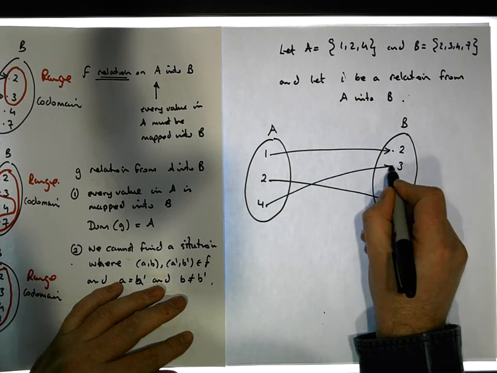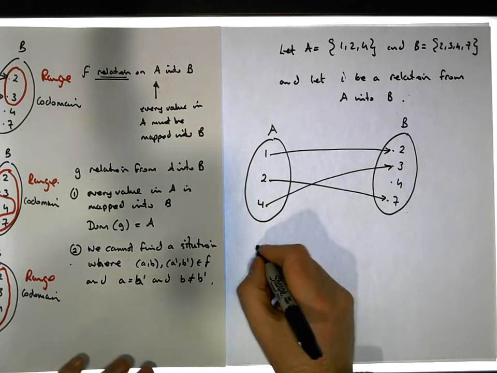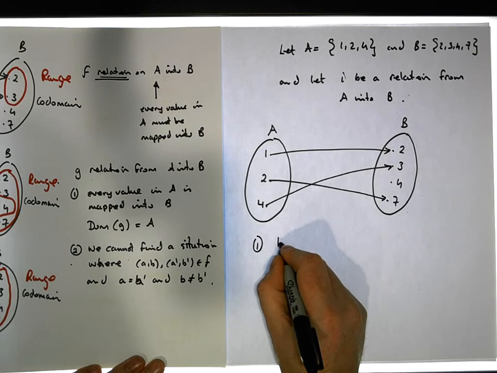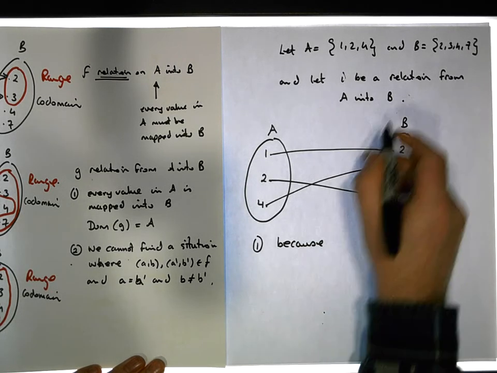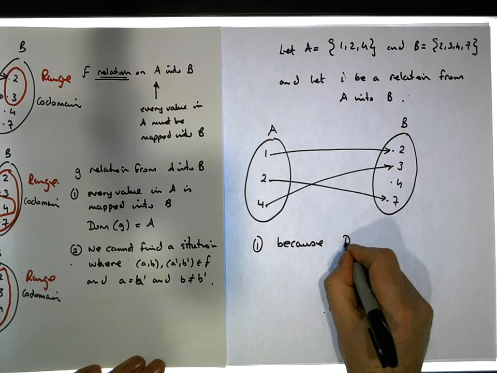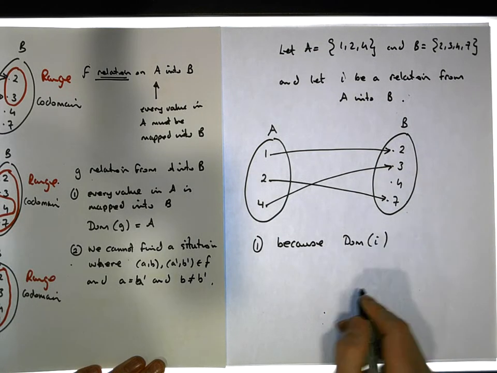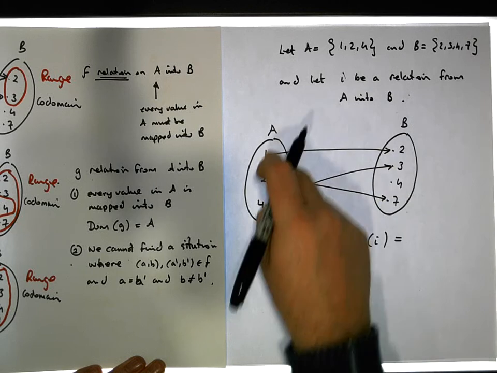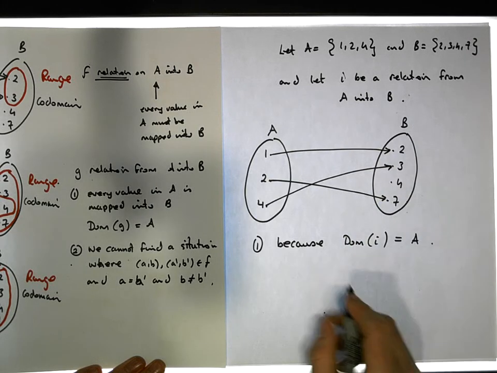Condition 1 is satisfied, because the domain of I, the values that are actually mapped out of this set into here, is equal to A. So the first condition is satisfied. What about the second condition?